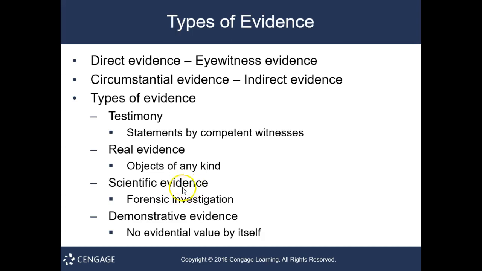Then we have scientific evidence, which is basically a forensic investigation of the evidence in the case. And they then put together, from a scientific point of view, more evidence. Essentially, they may be able to put together the fact that we see 3 bullet holes in the back of someone's head. We take out one of the bullets from the person's head.